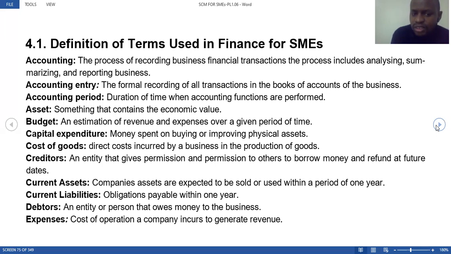This is an entity that gives permission to others to borrow money and refund at future dates. Most creditors are banks who support business by offering financial help. So at the end of the day, you agree with various creditors to finance your business and you will pay at a later date.